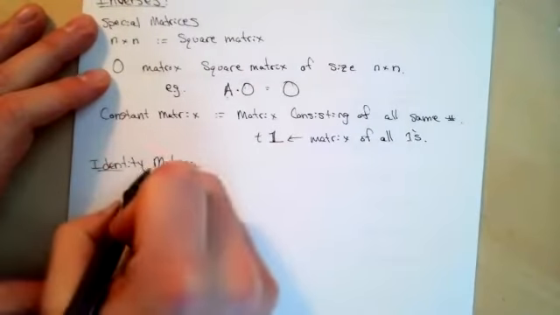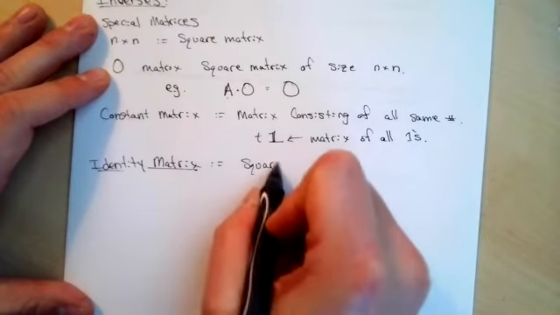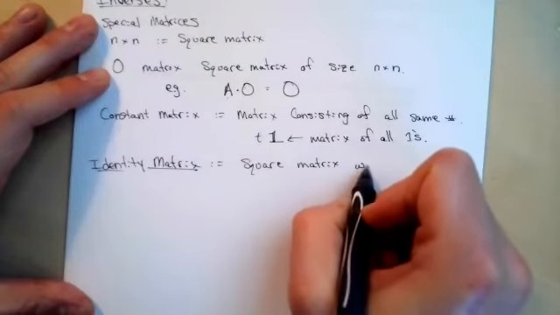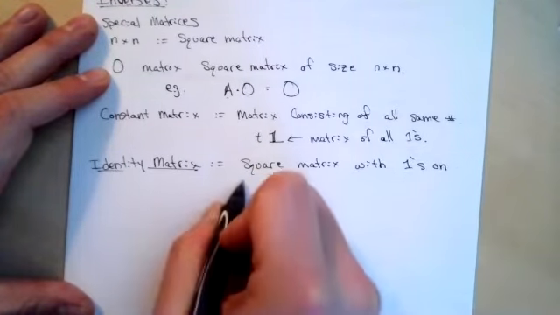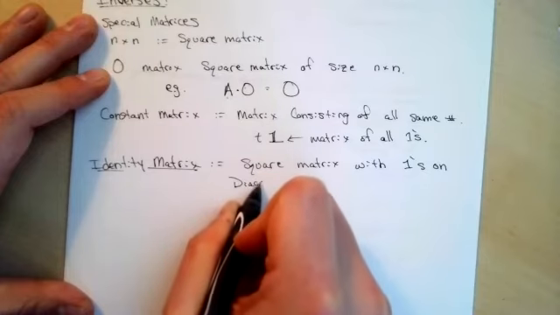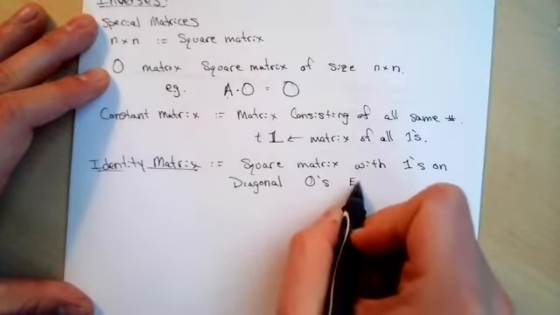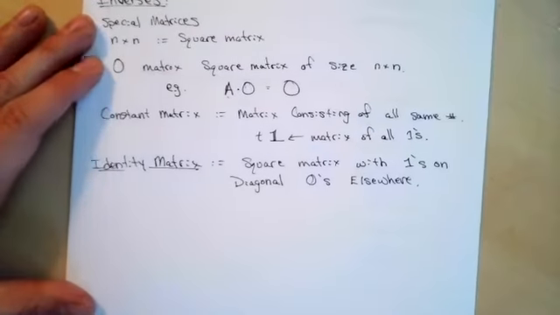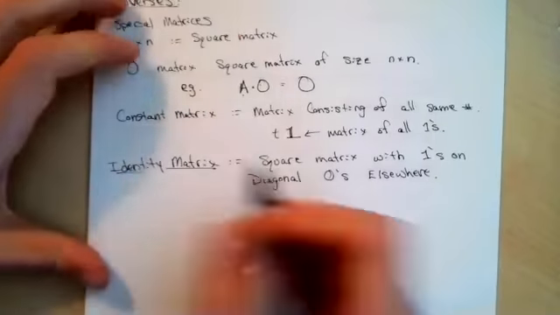The identity matrix is a square matrix with ones on the diagonal and zeros elsewhere. Mathematically, how do we represent this?